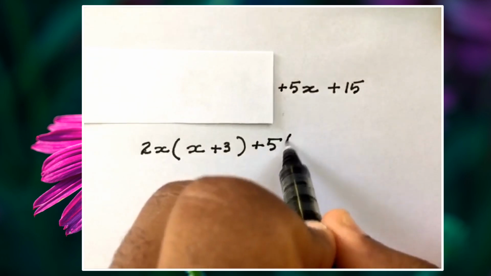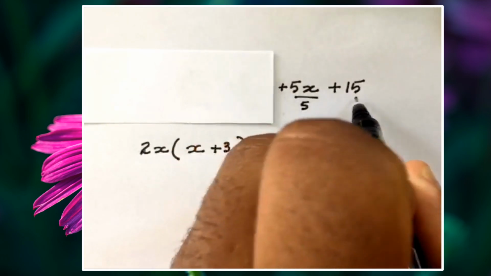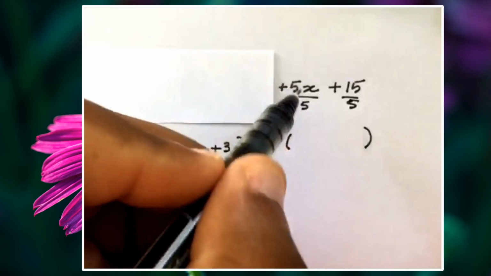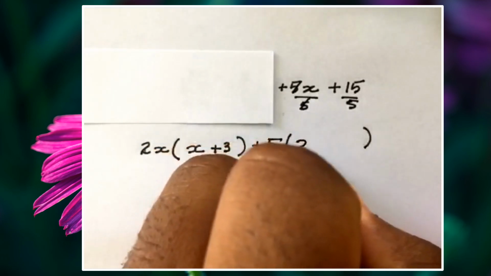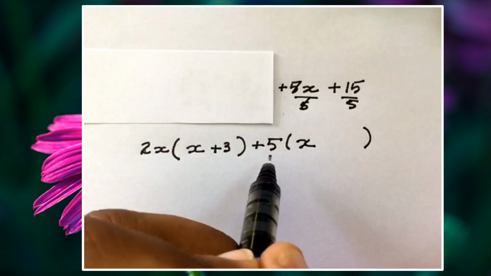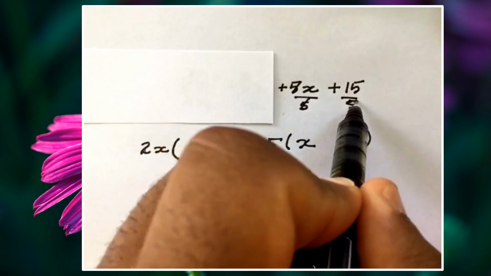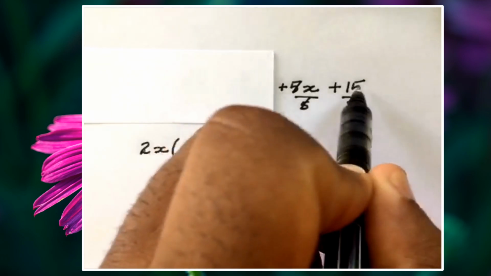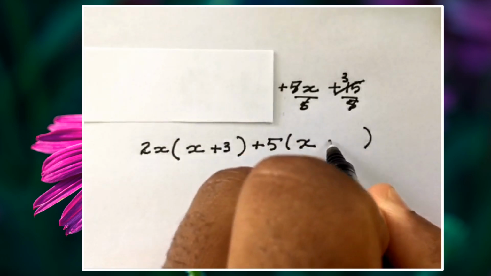So I'm going to open up my brackets and then divide both terms by that positive 5. 5 into 5, one time, so these cancel, leaving us with just x. And if we multiply it back, 5 times x will give us 5x. 5 into 15 goes 3 times. So we're left with a positive 3.